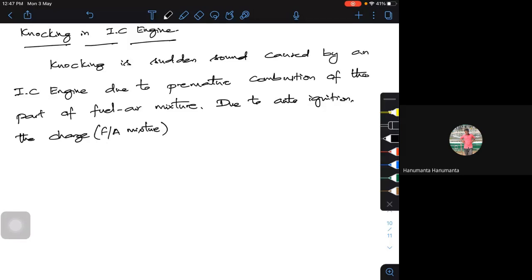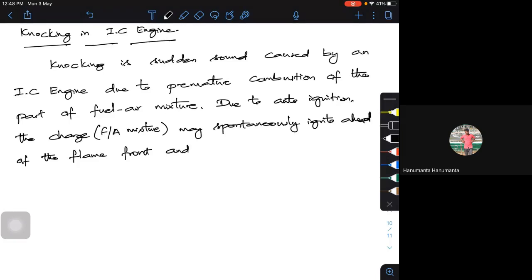It auto ignites, or spontaneously ignites, before the head of the flame front, ahead of the flame propagation, which leads to burning in an uncontrolled manner.